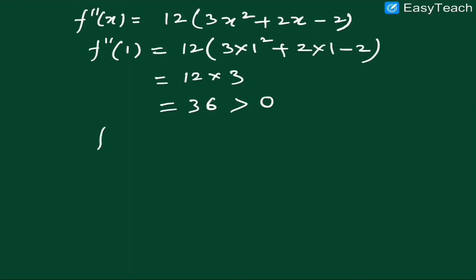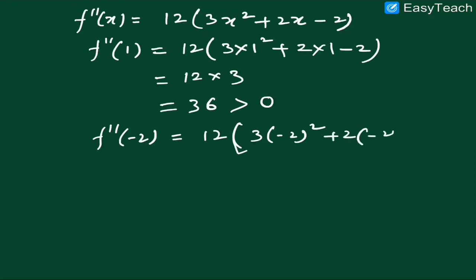Therefore the point x is equal to 1 is the point of minima. And the sign of f double dash at the point x is equal to minus 2 is equal to 12 into (3 into minus 2 square plus 2 into minus 2 minus 2), which is equal to 72, which is positive. Therefore minus 2 is also a point of minima.